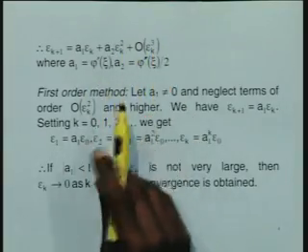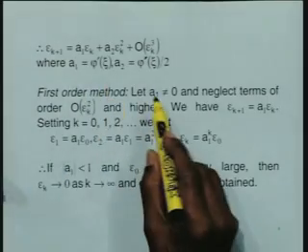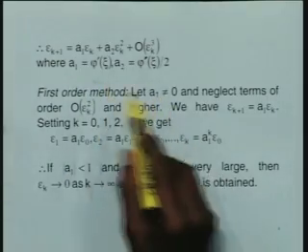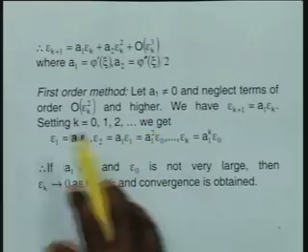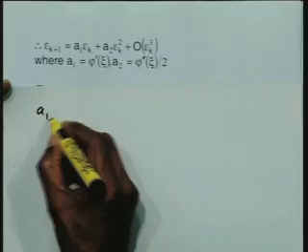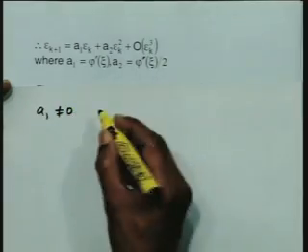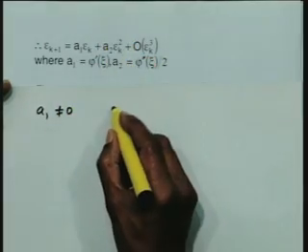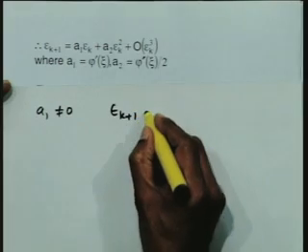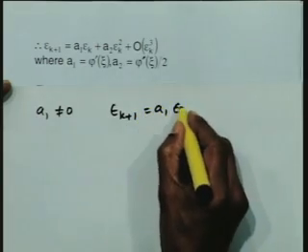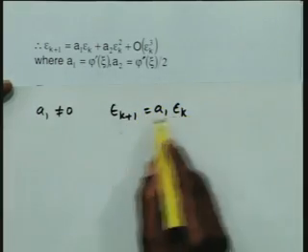Now, if a_1 is not equal to 0 in a method, then you see, I can drop all these higher terms and write this as epsilon_{k+1} is equal to a_1 into epsilon_k.